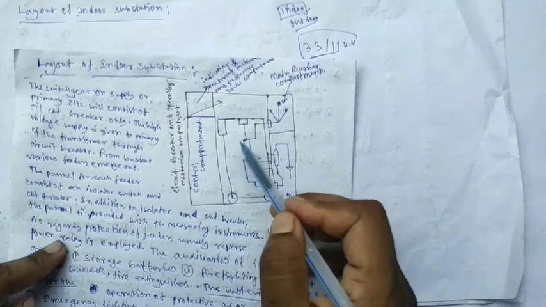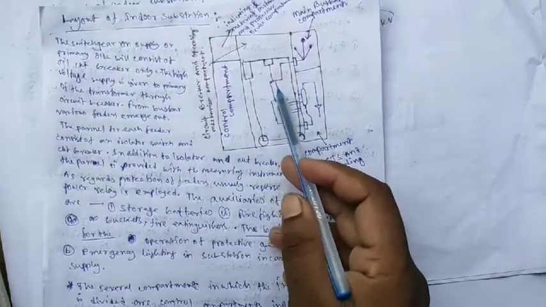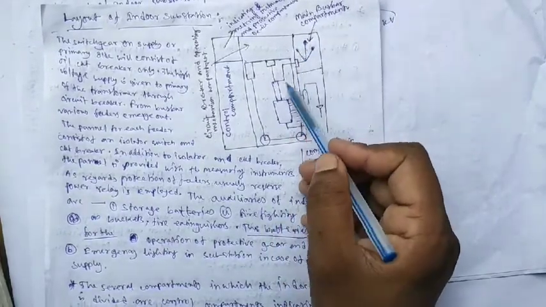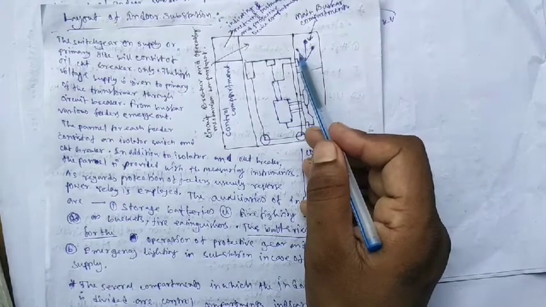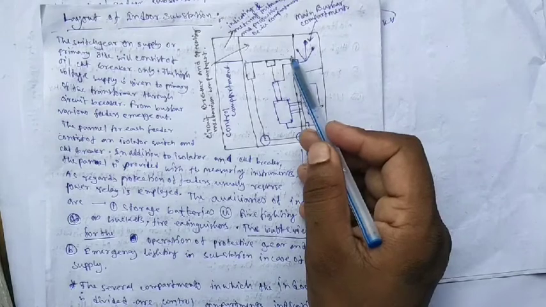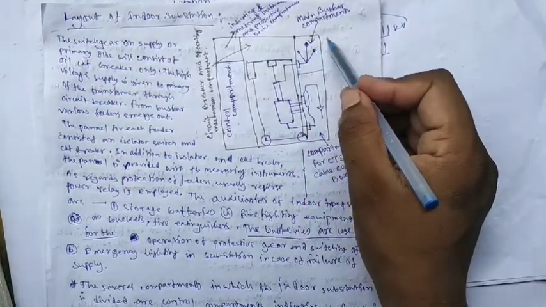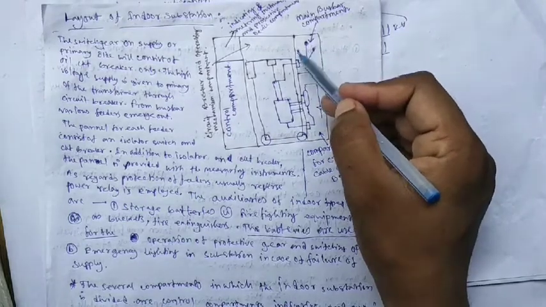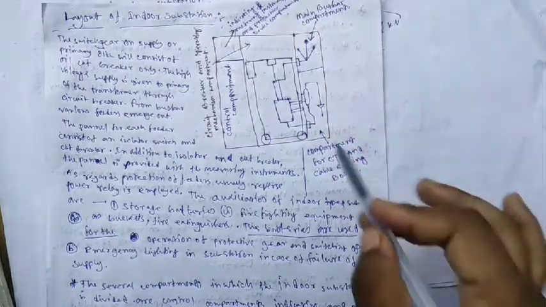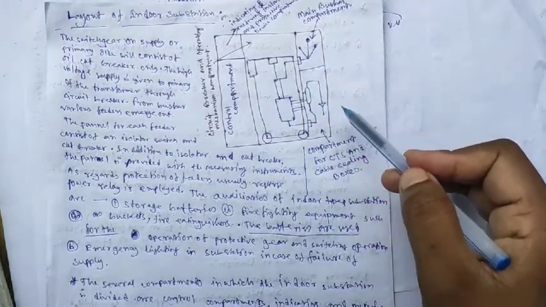This is the transformer unit, and here is the main bus bar compartment. From this unit the service line, the distribution line, is divided to various areas, suppose town A, town B, town C, or village A, village B, village C. This is the main bus bar compartment, and you can see this type of compartment in a substation.